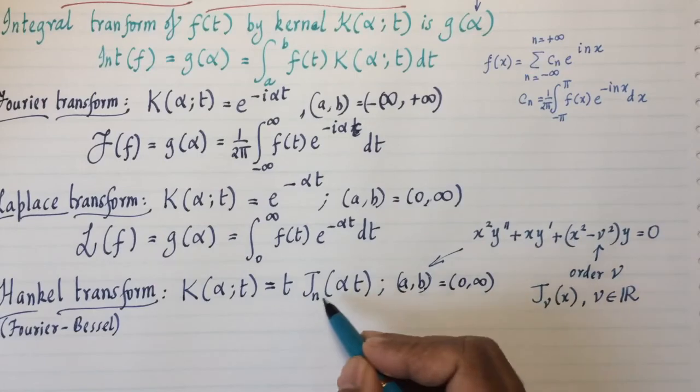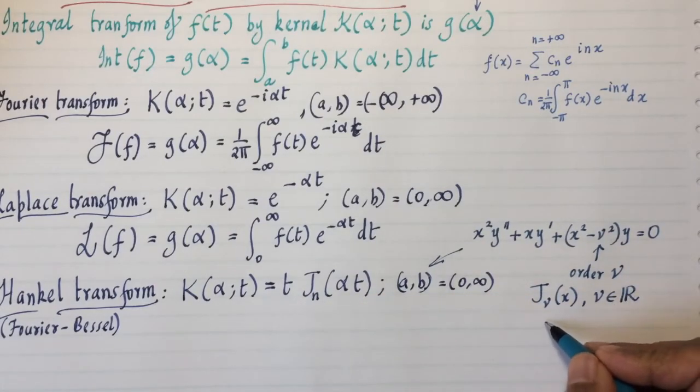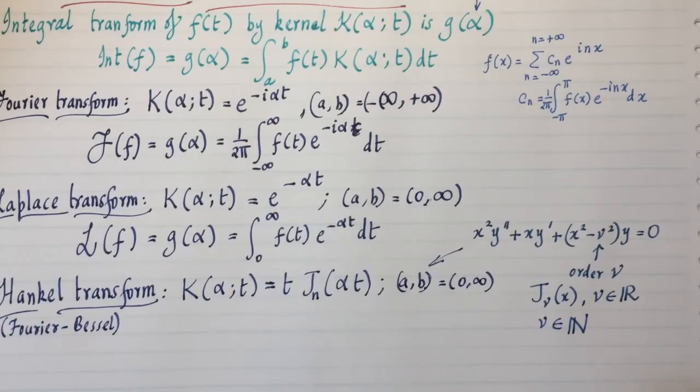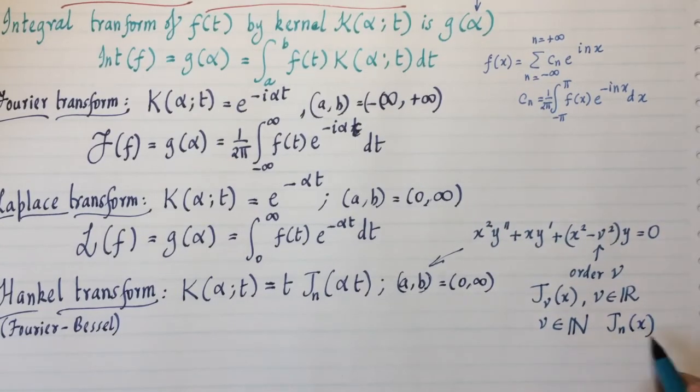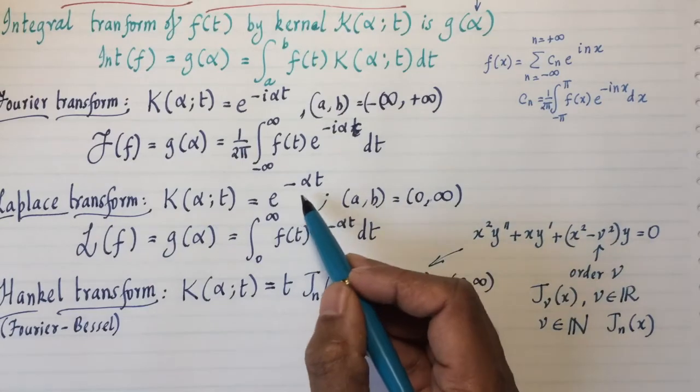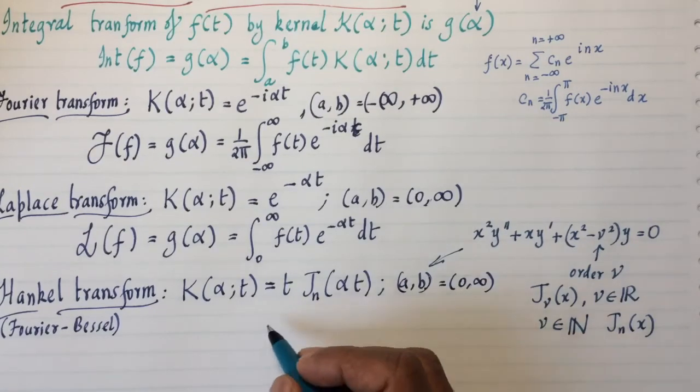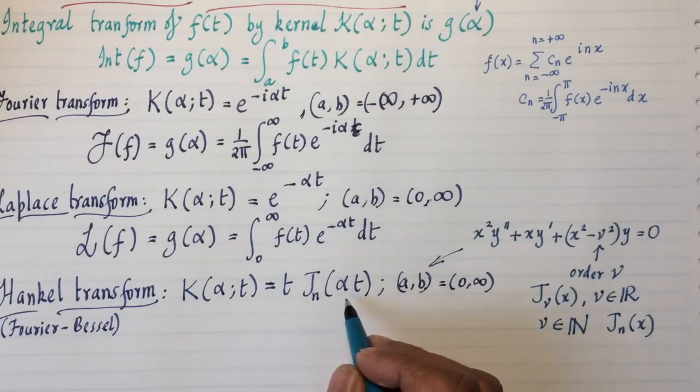Well, that is not what this is referring to. For the special case where nu is a natural number, that is 1, 2, 3, 4, etc., then you get J_n of x. J_n of x turns out to be a nice basis, just like you have exponential functions. J_n of x, the solutions to the Bessel equation, turn out to be a very nice basis to expand things in. So that's how you get the J_n's into the picture.